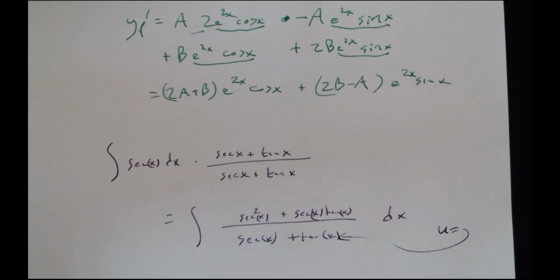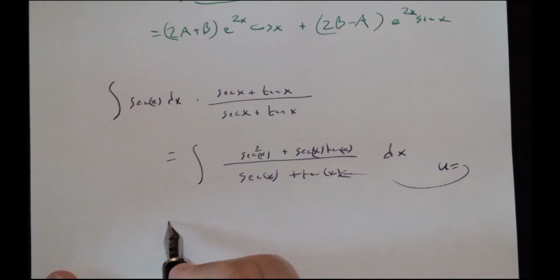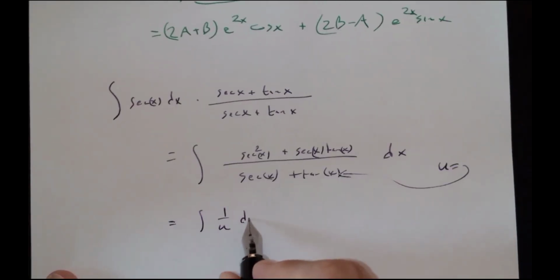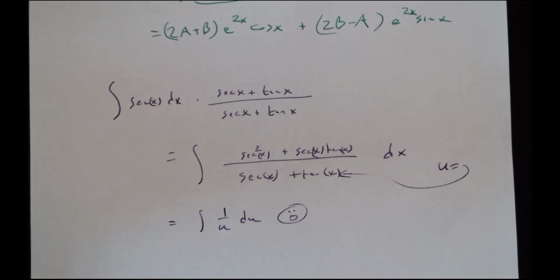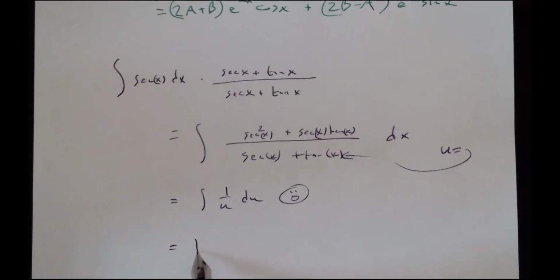This is 1 over u du. What's the integral of 1 over u? Which means I get ln of secant x plus tangent x.